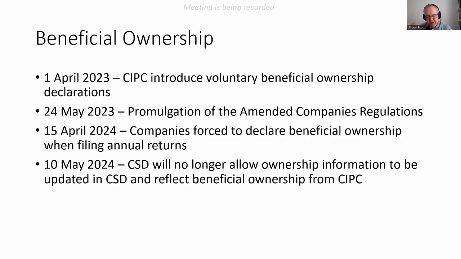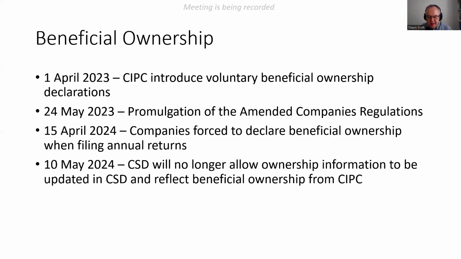And it's gone right to the point now that the Central Supplier Database no longer allows suppliers to update ownership information on CSD. It is imported directly from CIPC's database.